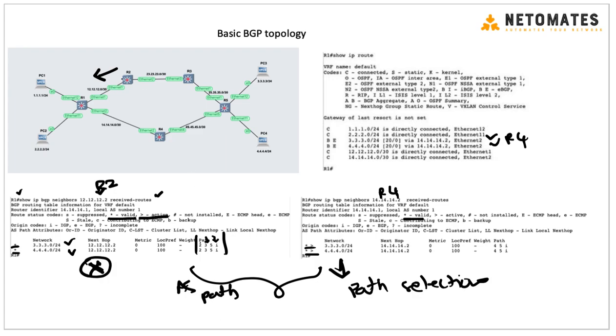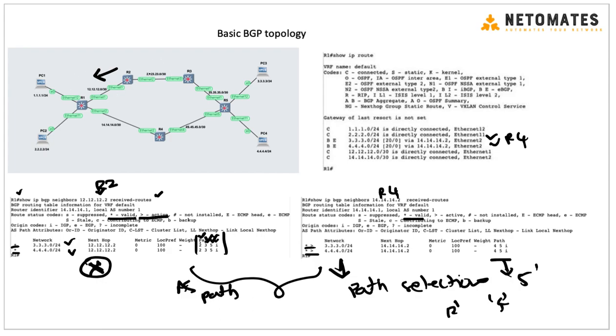So when R2 advertised this route to R1, it included the information about which autonomous systems the route came through. It was generated in R5 and went to autonomous system 3, then came to autonomous system 2, then to router 1. If you check this other one, it is coming from 5, that's correct, then going to autonomous system 4 and then directly to R1.